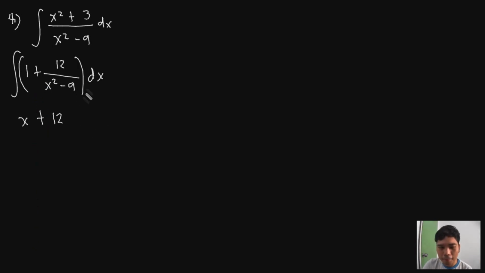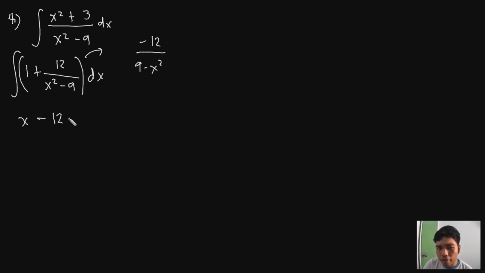So yun, yung 12. So I'll be rewriting this in a form na negative 12 over 9 minus x squared para masatisfy natin yung inverse hyperbolic tangent natin. So with this, I'll be having yung minus 12, kasi that is a constant, no?